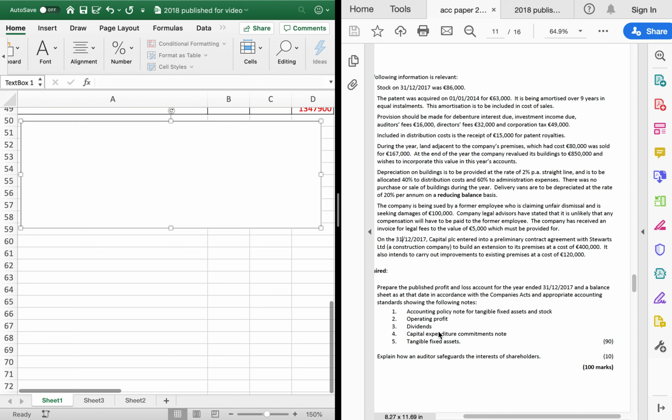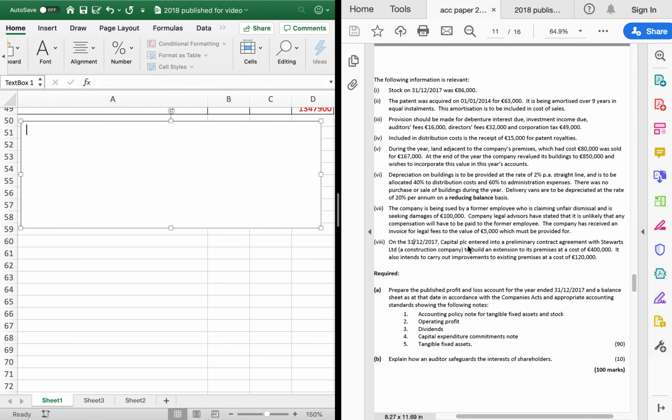Okay, all right. So there's the prepared accounts. We've done that, and it asks you to also show the following notes: the accounting policy for tangible fixed assets and stock. So we have to say how we valued fixed assets and stock. So we look to our workings on fixed assets. So buildings, what happened? We only had two fixed assets.